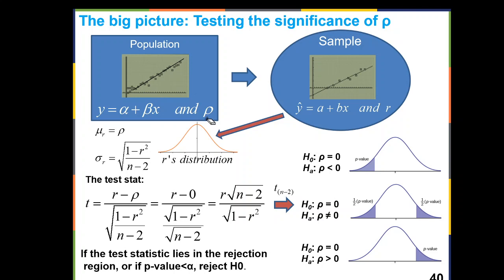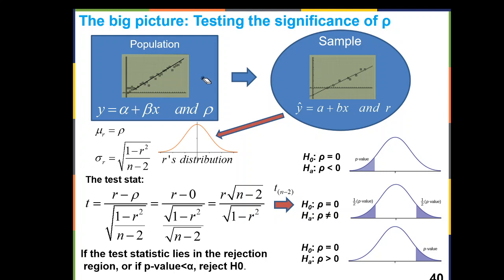And so there is some rho, which is the correlation coefficient. And then there is some y that determines all the y values if we know the x values, right? But of course, this is a population of all the points, so we don't have the best model for the points in the population because we don't have all the data points.